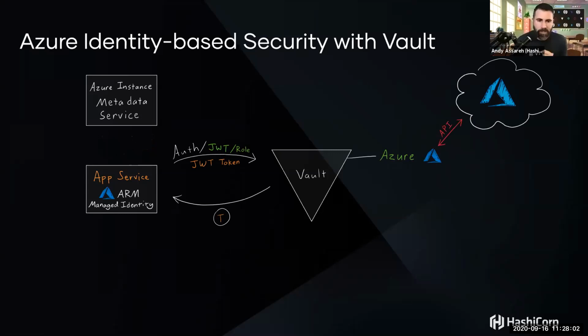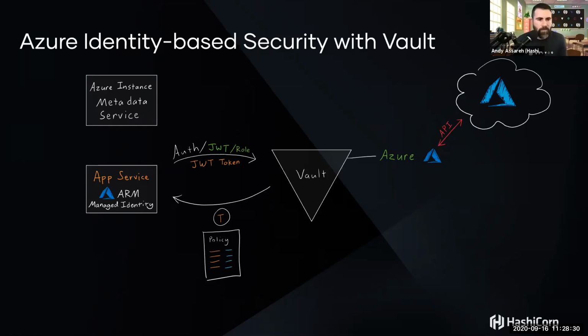And once that checks out, Vault is going to issue a Vault token to the app service that it can use to now access secrets within Vault. What's nice about this is that we can leverage this identity that comes from the platform, and we'll take a look at how that looks. But we can be confident that this app service that's trying to access Vault is who it says it is. And ultimately, that's very important.